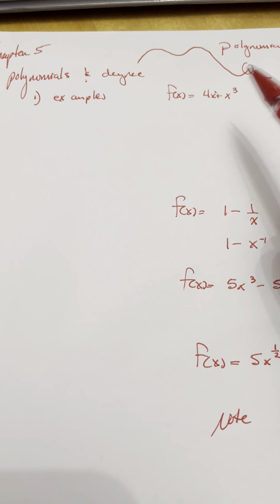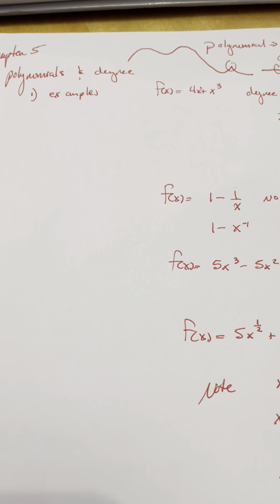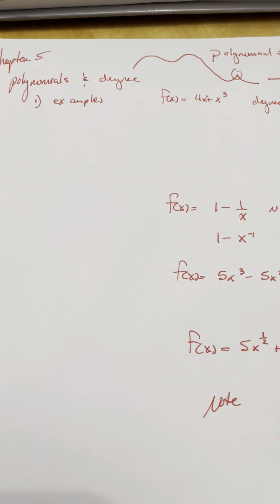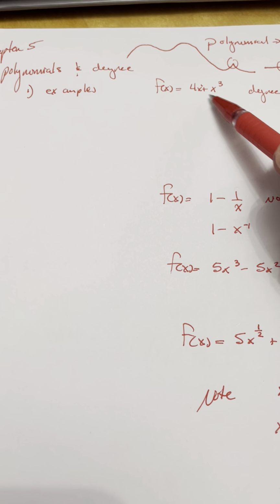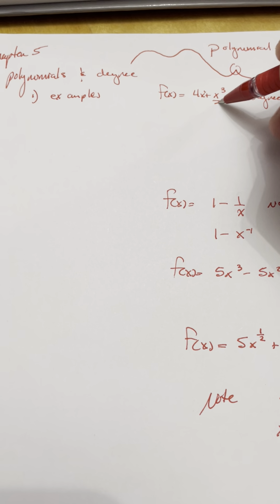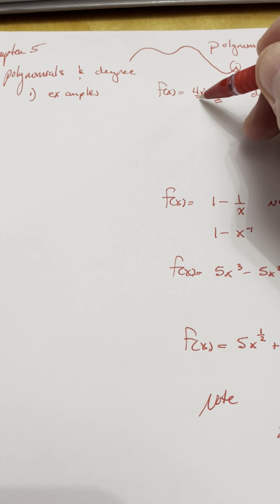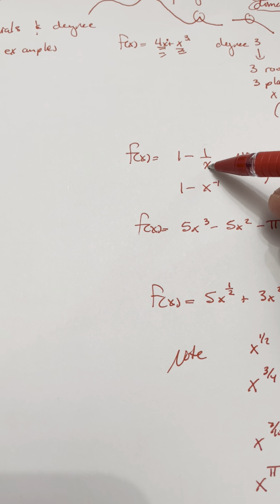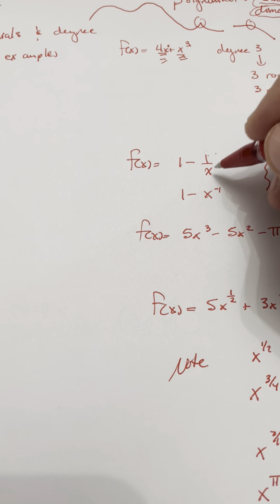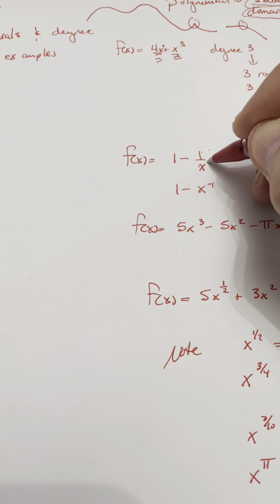Now, there's this term called degree, and you can have the degree of the whole polynomial, and you can also have a degree of a term. So the degree of this term is 3. The degree of this term is 1. The degree of this term here, remember x got moved up, it's 1 over x, and it's x to the -1.